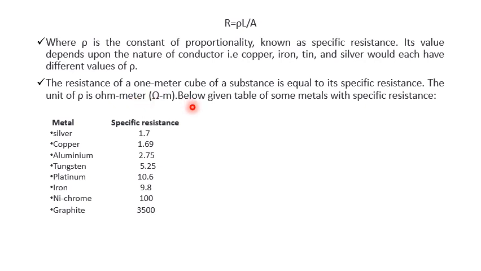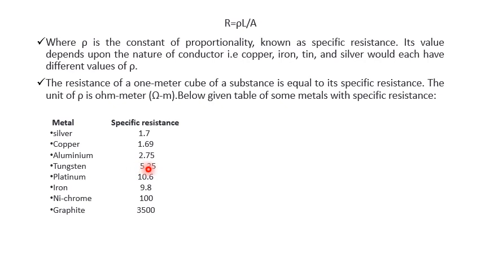There are some materials given, and their specific resistances. Silver has a specific resistance of 1.7. Copper has 1.69. Aluminium has 2.75.